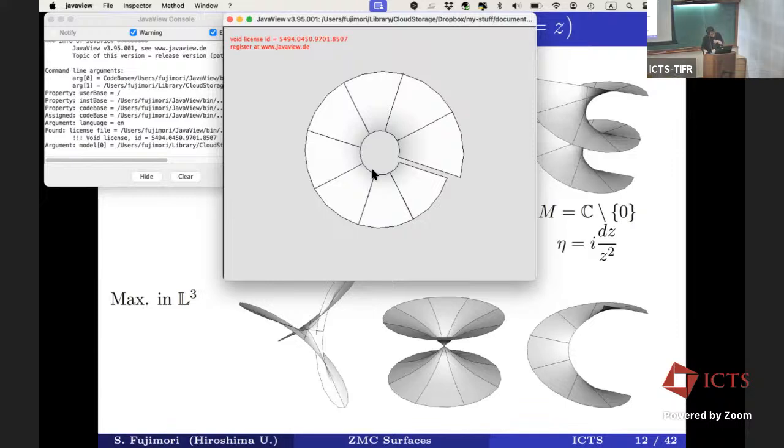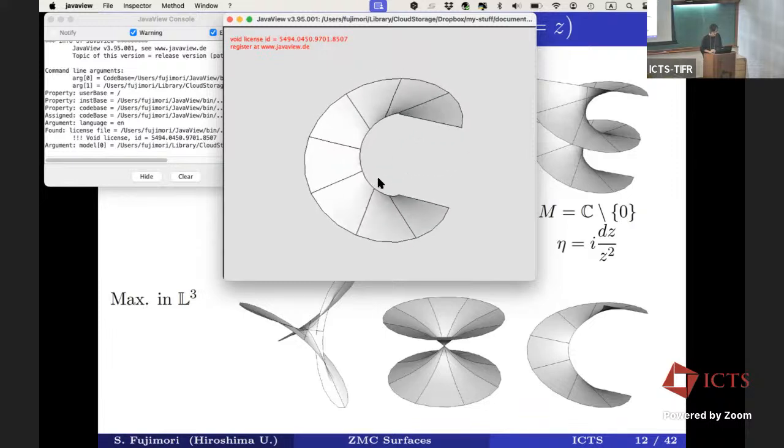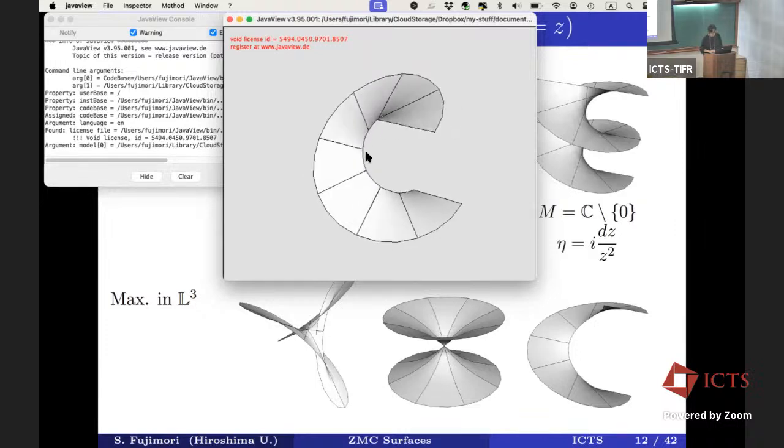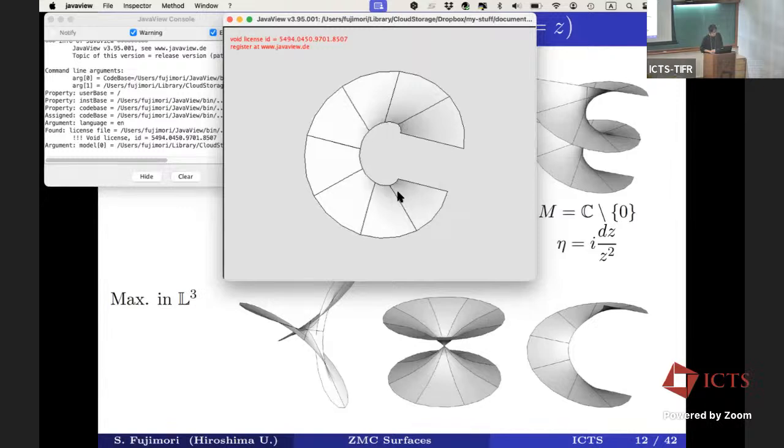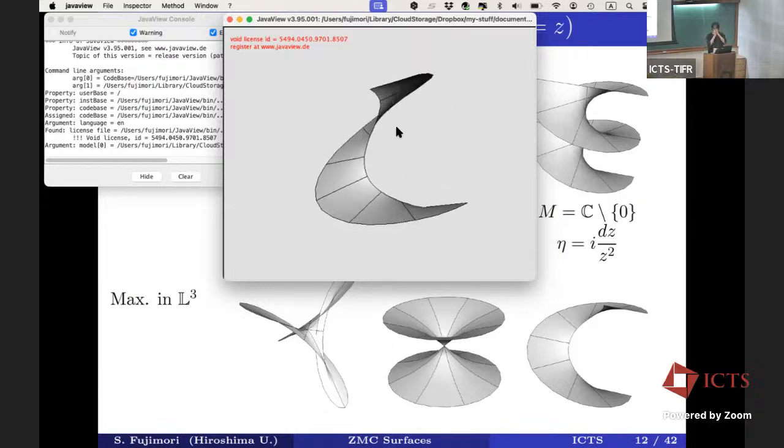And if we want to go inside, then the surface becomes time-like. So as a space-like surface, we cannot enter. Okay. So this is called the fold singularity. And this part corresponds to the unit circle in the domain. And outside of the circle and inside of the circle, we now have a 2 to 1 map. So this is really a fold. Okay.